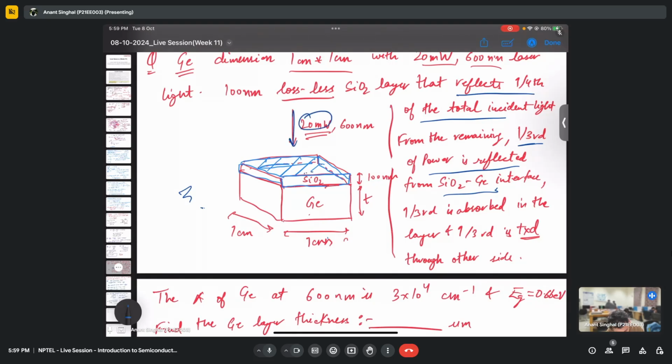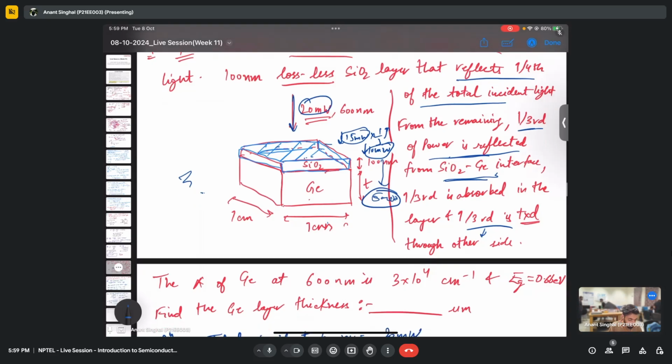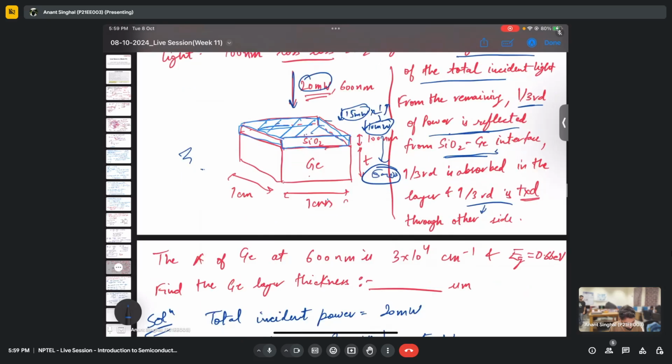One fourth is reflected by this SiO2, so we are left with 15, right? Yes. And out of that, one third is reflected from the interface. One third is 5, so 5 is also reflected. So we are left with 10. Okay. And then one third is transmitted through the other side. So 10 is incident and 5 is transmitted. Okay, sir. Got it.